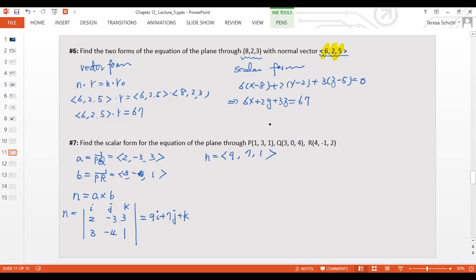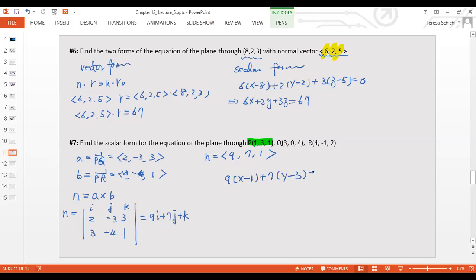Then you can use this normal vector and find any point you want, right? So I can say, okay, I'm going to pass through this point here, right? So you will do it like this. You use the normal vector, so it's 9 times x minus 1, plus 7 times y minus 3, that's right?